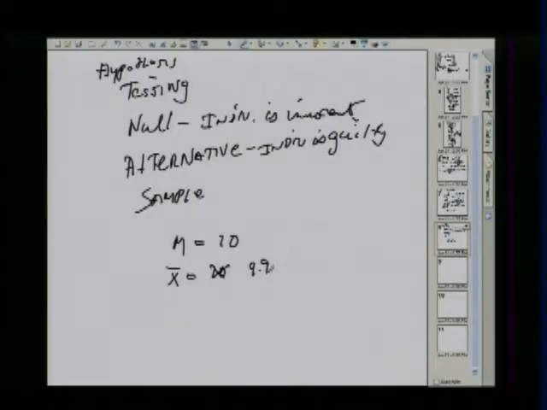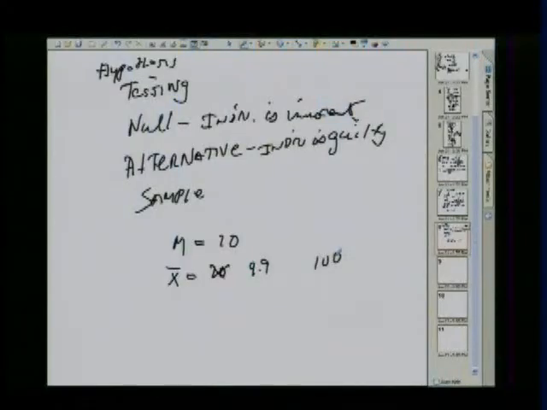And so the question is, let's say instead of 10 the sample mean turned out to be 9.9. You'd probably look at that and say, well, that's pretty close to 10. Probably the mean is still equal to 10. But if we found that x bar instead of 9.9 was 100, we would probably begin to say, gee, I don't think the mean is equal to 10, because that doesn't seem like a very likely outcome to get a sample mean of 100.